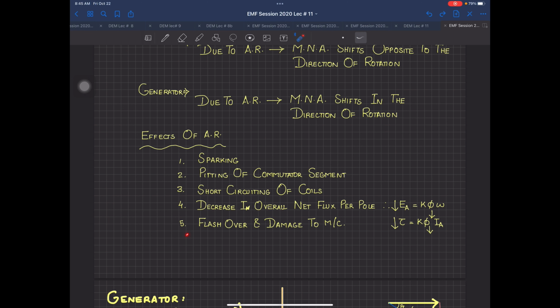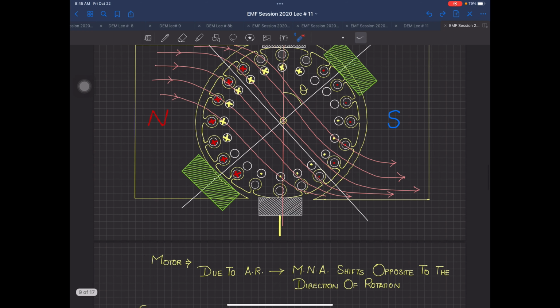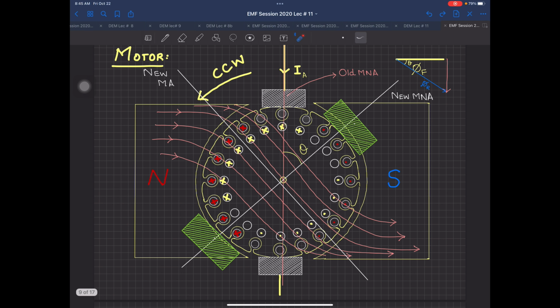The last problem is the flashover and the damage to the machine. The damage is also happening because the commutator segment is being damaged permanently. And if you don't take any remedial measures, what will happen? The armature reaction will get worse and worse.